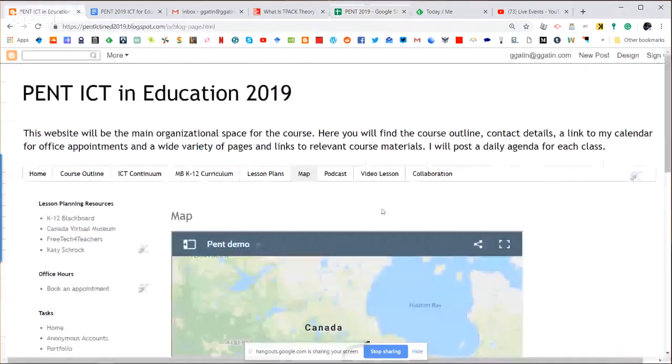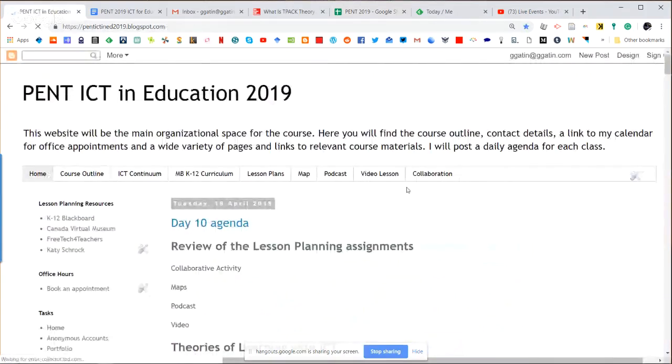Anyway, okay, so I've introduced you to the four main technology areas that I want you to use for this class to develop a lesson. We're looking at different web-based tools that support collaboration: the podcast, the online interactive maps, the videos.